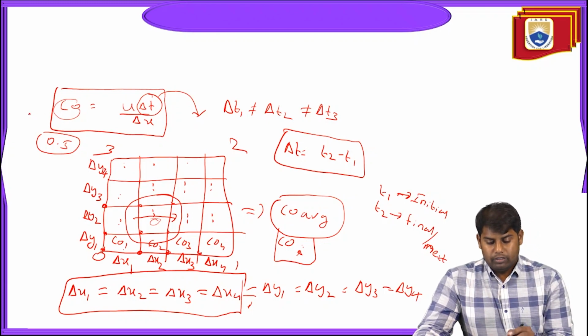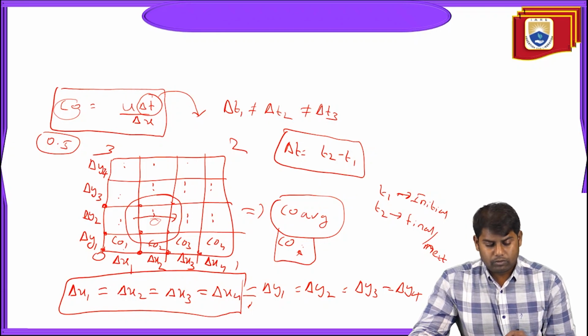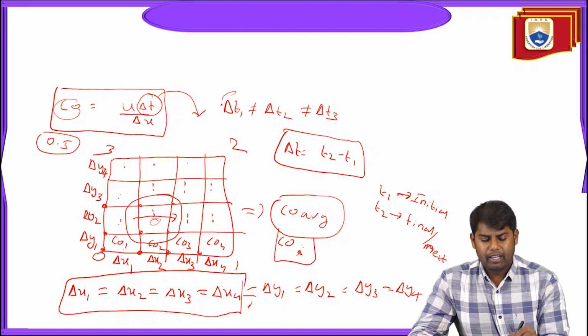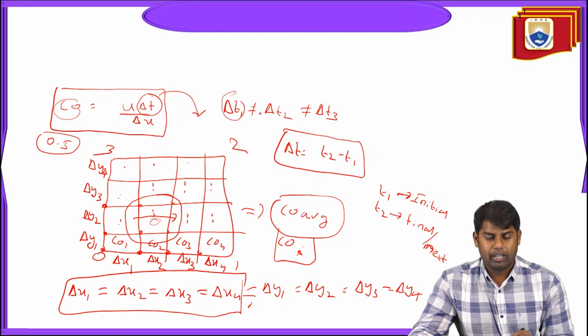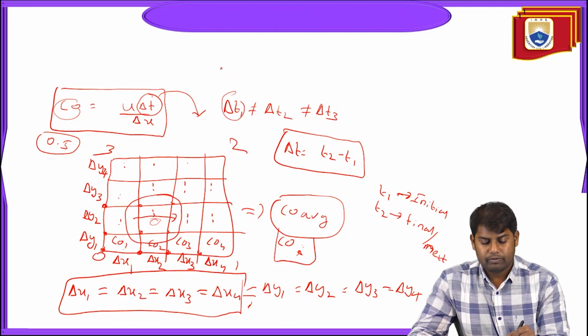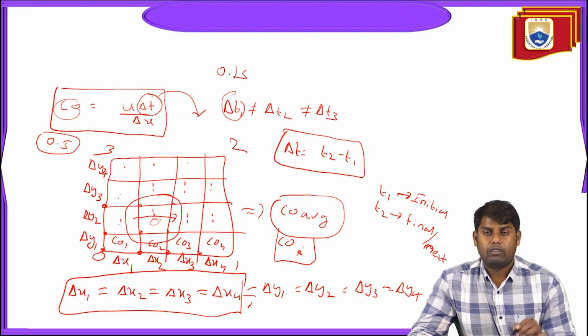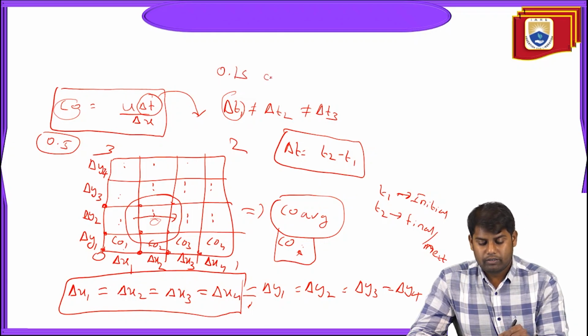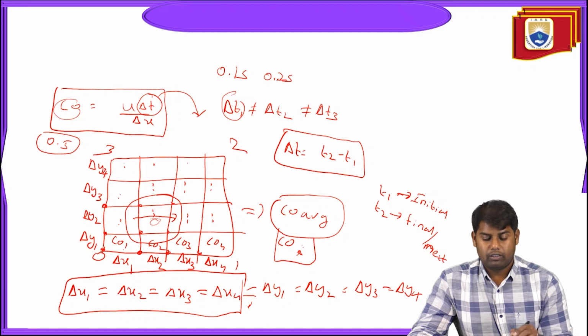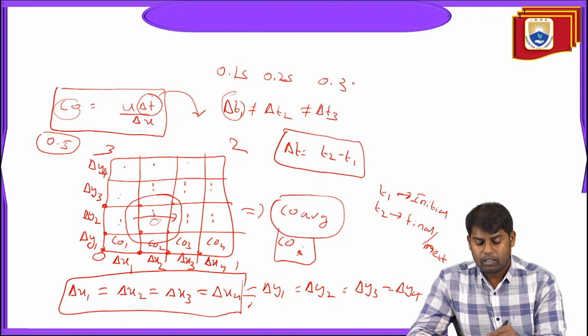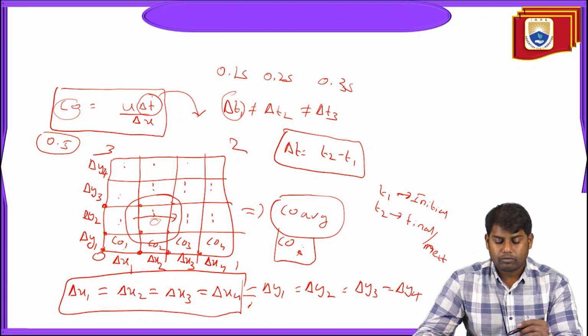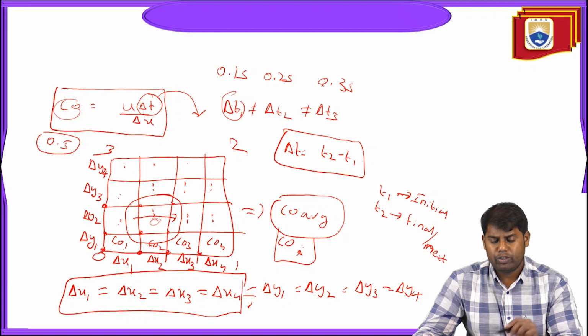Now, what is a time independence study? Here delta t1 is 0.1 second, delta t2 is 0.2 second, delta t3 is 0.3 second.